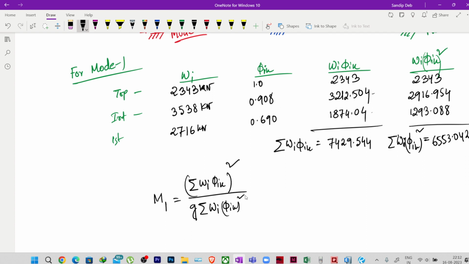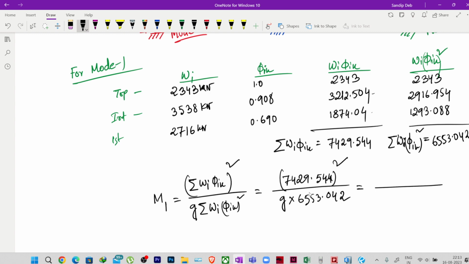So for mode 1, putting in these values, it will be 7429.544 whole square divided by g multiplied by 6553.042.